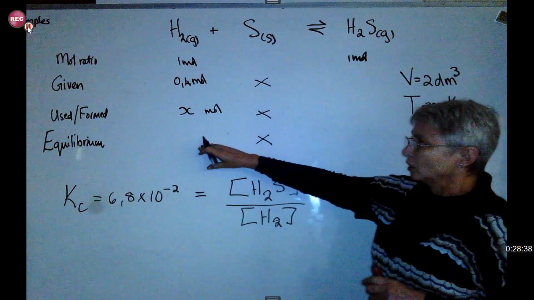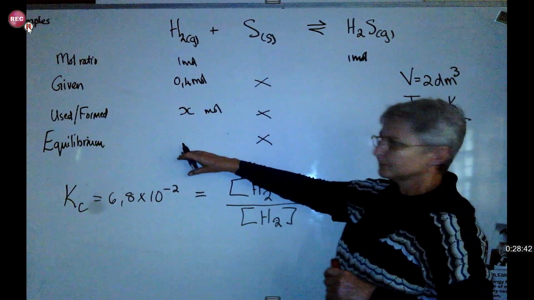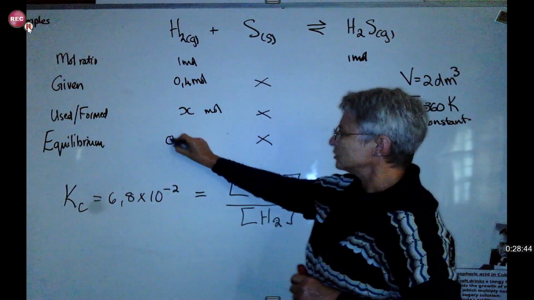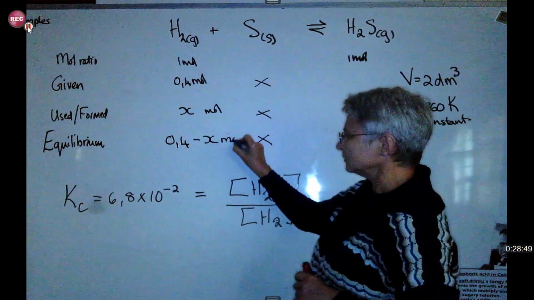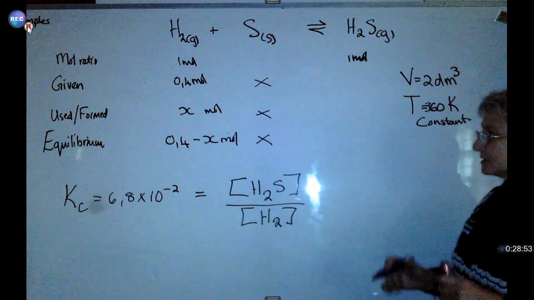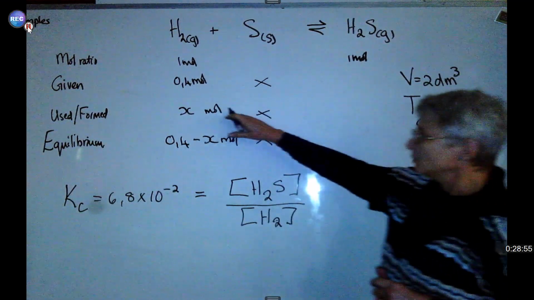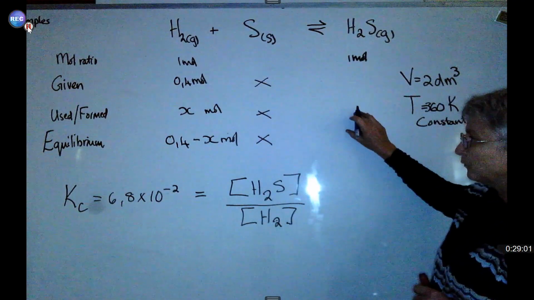How much of this would be left at equilibrium? 0.4 minus X mole. If X mole is used there, how much of this will form?